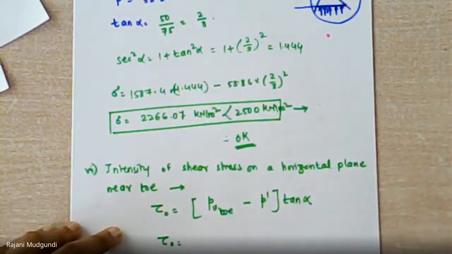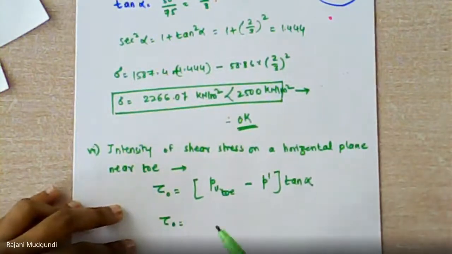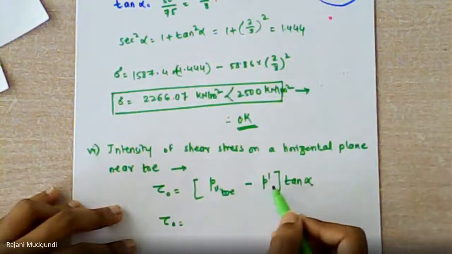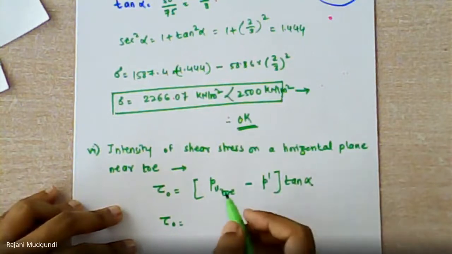So PV at toe, or vertical stress developed at toe, minus P dash, that is hydrostatic pressure intensity at tail, into tan alpha.